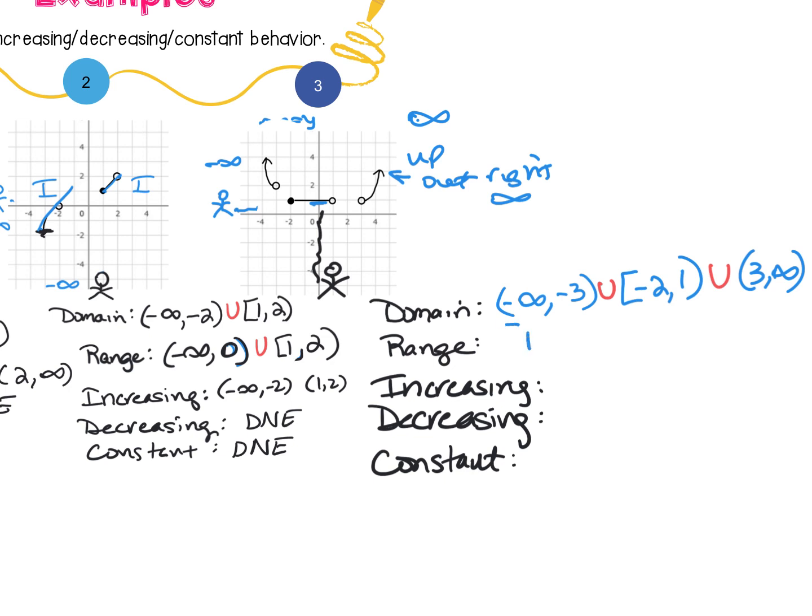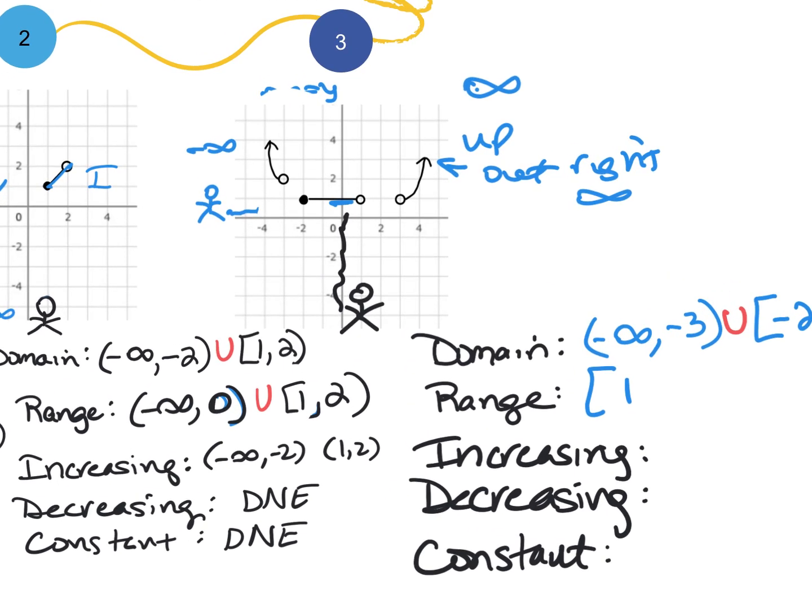So at 1 with a bracket, because it's a solid line. Now, notice here, I've got a closed circle, an open circle, an open circle. If you've got more than one circle along that y value, the closed circle overpowers or takes over for the open circles. So that's why it's a bracket.